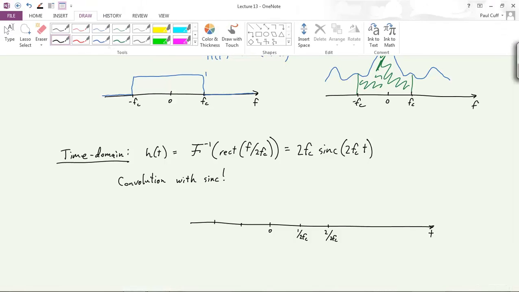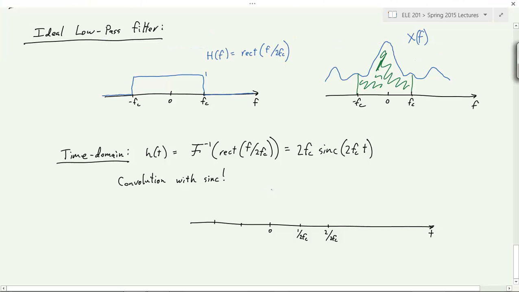And the sinc function has height 2fc, and it goes like this. There's our sinc function. So you're actually convolving with this sinc function when you do an ideal low-pass filter.